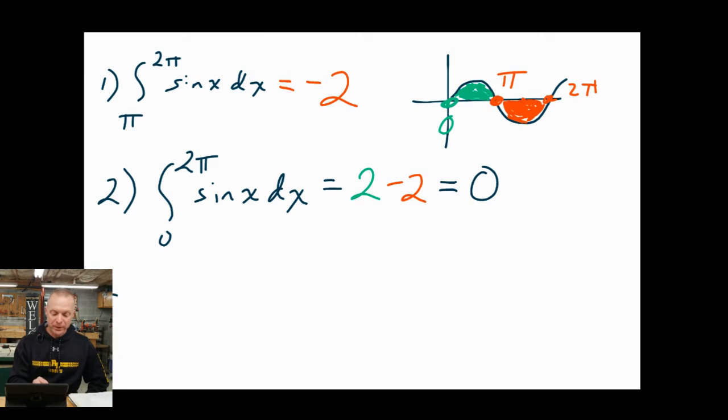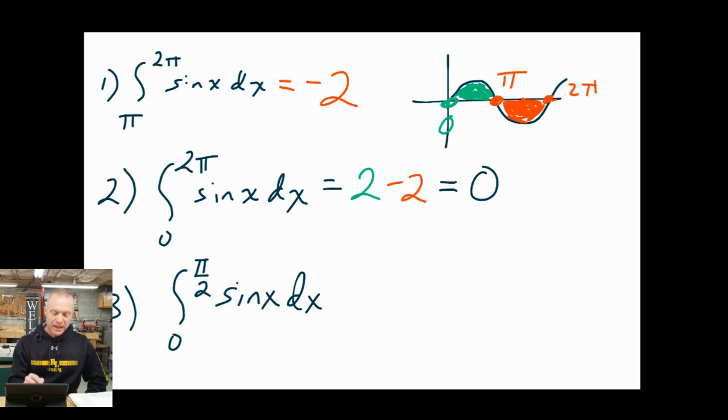I'm going to do one more with you. It's going to be number 3. And this time it's the integral from 0 to pi over 2. Again, if you have this on your calculator, you can continue to look at it. Some people do like to draw sketches, especially when it comes time to do this for a little grade. You do have to have knowledge of where pi over 2 is.